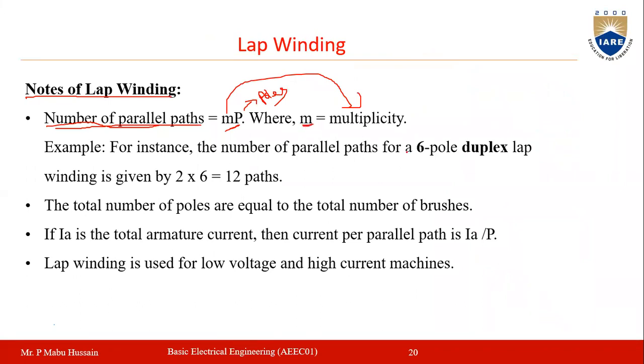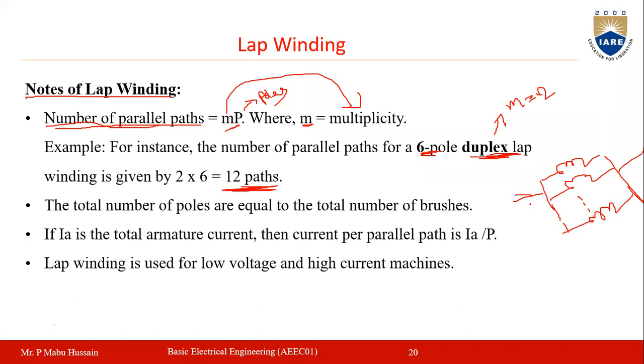Suppose you have 6 poles and your winding is a duplex lap winding, duplex in the sense multiplicity m will be 2. In such a case, how many parallel paths will there be? 2 into 6, total 12 parallel paths. That means your winding will have 12 parallel paths like this.